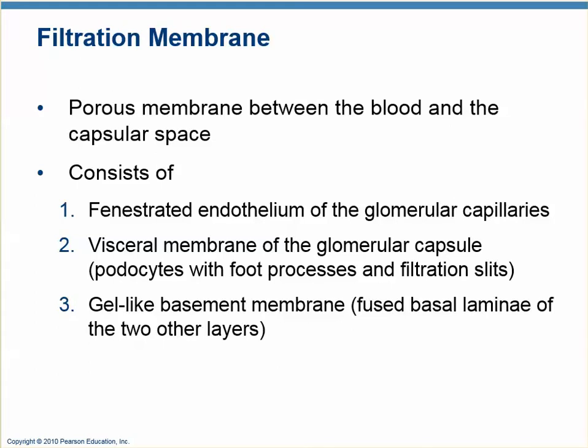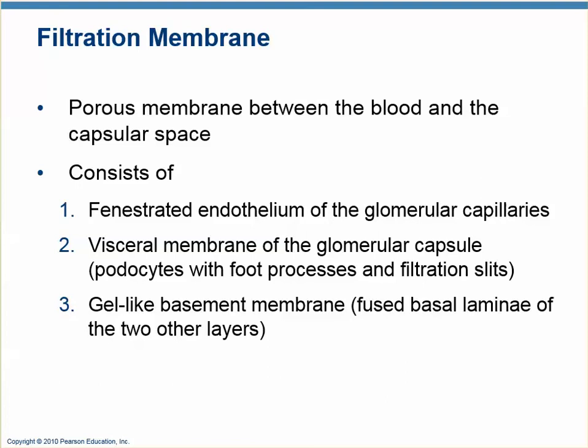So it consists of the fenestrated glomerular capillaries, an endothelium with small holes in it that allows liquid to pass through. It's the visceral part of the glomerular capsule, so that's the podocytes that surround each one. And it's the basal lamina of those two epithelial layers joined together.